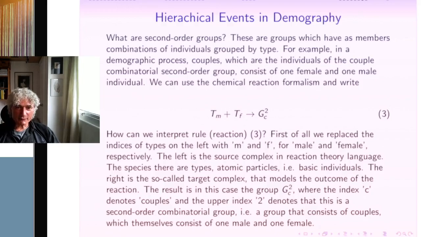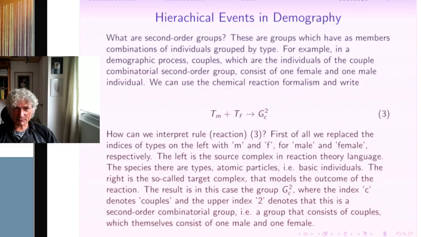So they marry, for example, and then they would become an element. These two together form a single element, which would be a couple in this couple group. So the classification into male and female would be on one level of the description, and the couples would be on the next level.